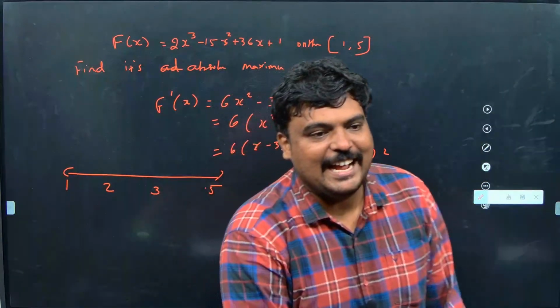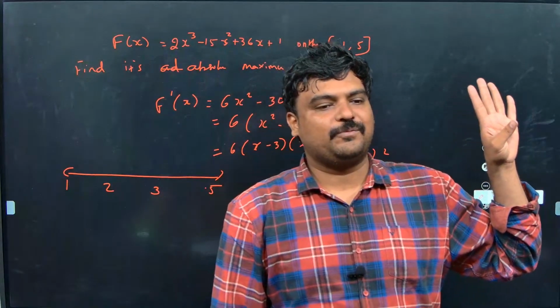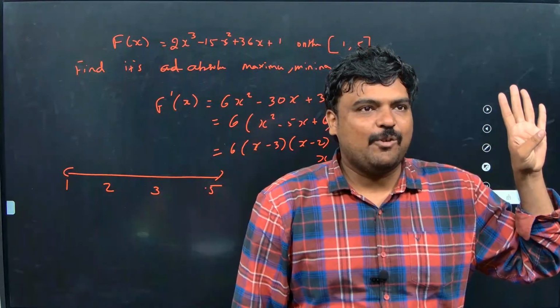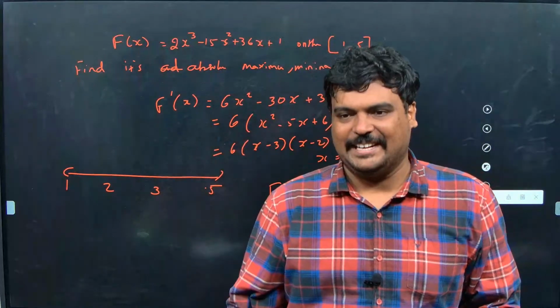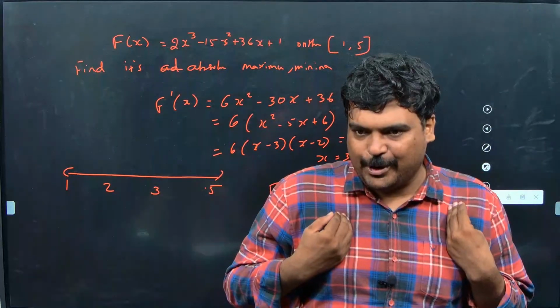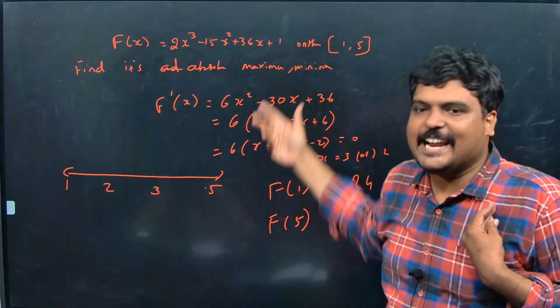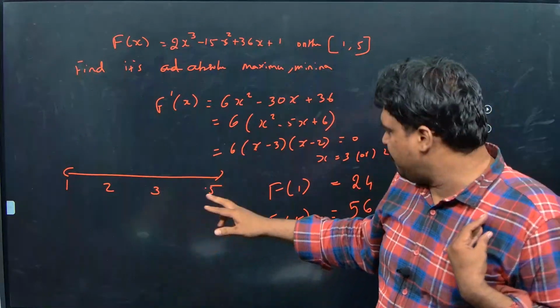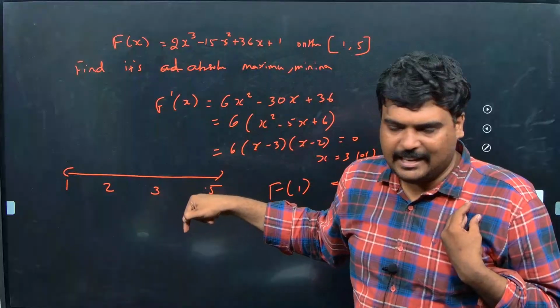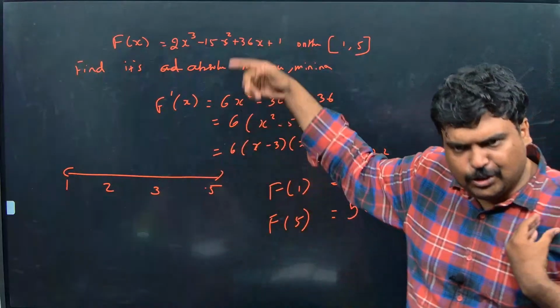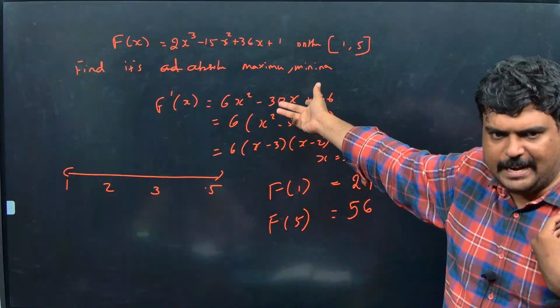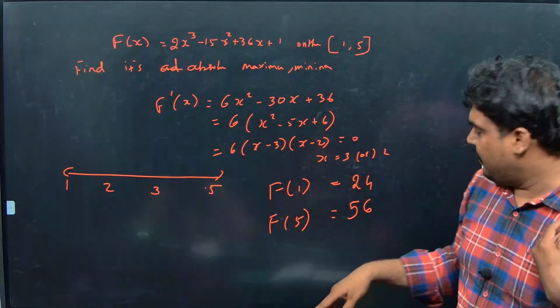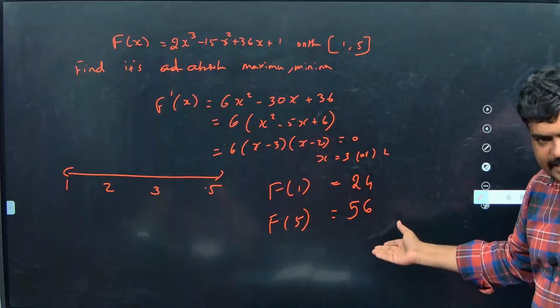In the question I had only four points, guys. Instead of going for the second order derivative test, what I am doing? Directly substituting and getting. I substitute f of 1, I am getting 24. f of 2, I am getting 29. f of 3, I am getting 28. f of 5, I am getting 56.